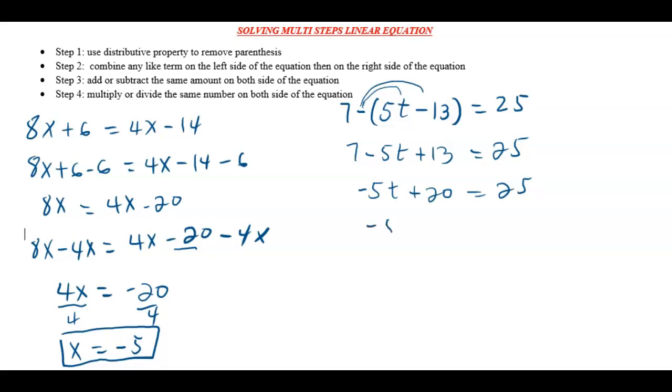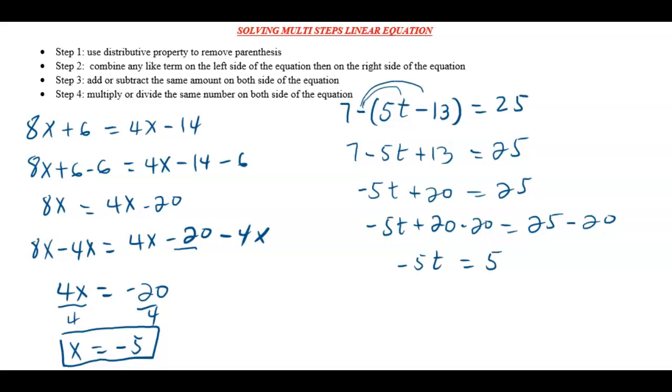So -5t plus 20 minus 20 equal 25 minus 20. Whatever you do to one side, you also do to the other side. 20 minus 20 is 0, so we got -5t left, equal 25 minus 20 is 5.